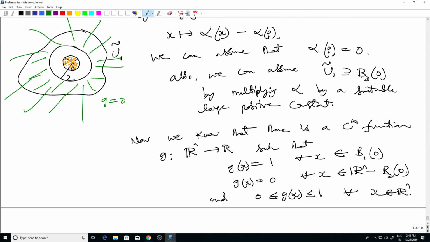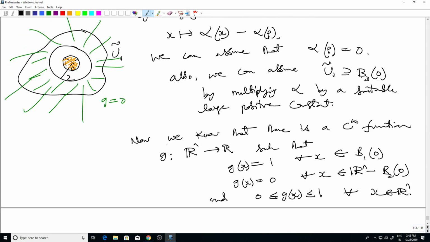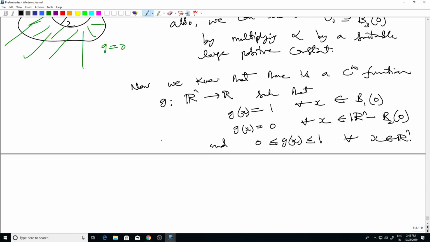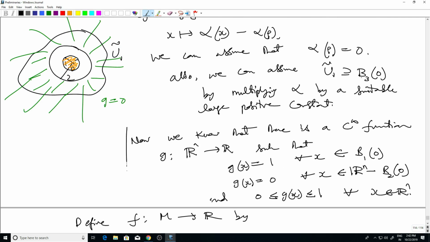So what we can do is use this g to get a similar function on the manifold, which is my f. Define f from M to R by, well, before I write this, here I had the ball of radius 2 and ball of radius 1. This is in U1 tilde, which is in Rn.